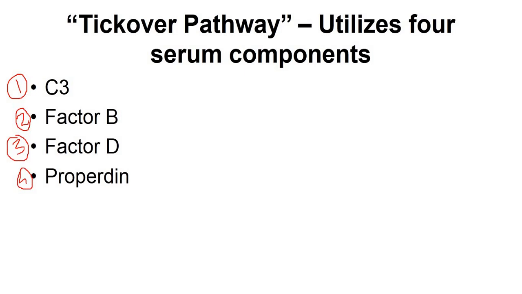Why I am giving this detail, students, is because Sardar Patel University or any other university can ask this as a 2 mark question. Simply enlist, no need to describe, the 4 serum components that are a part of the Tickover pathway. Your answer should be C3, factor B, factor D, and properdin.